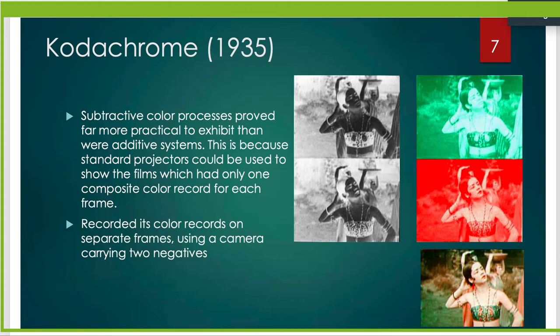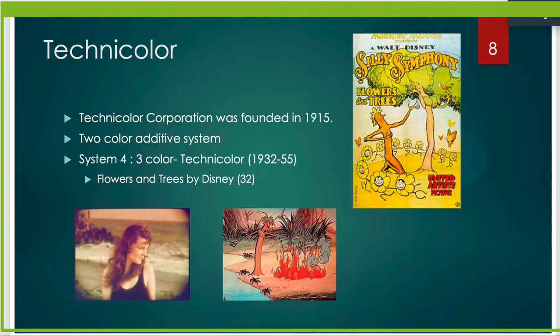So the subtractive process, like we kind of went over early in the semester, this is the primaries when we're dealing with light. It's red, green, and blue. And it recorded its colors on separate frames using a camera carrying two negatives, okay? So we used that for decades. And Technicolor was one of the first companies, had been around for a good while, that actually developed this and kind of perfected it. And still, really to this day, we still have Technicolor working.